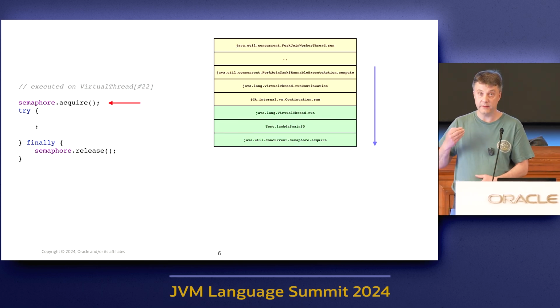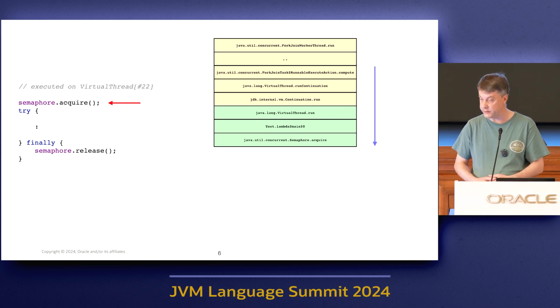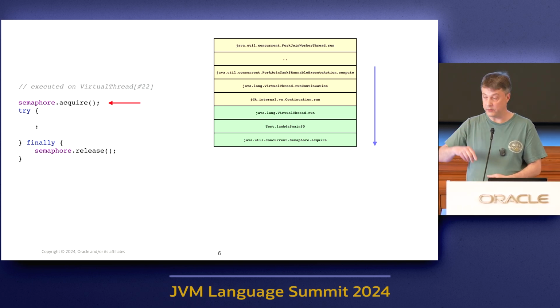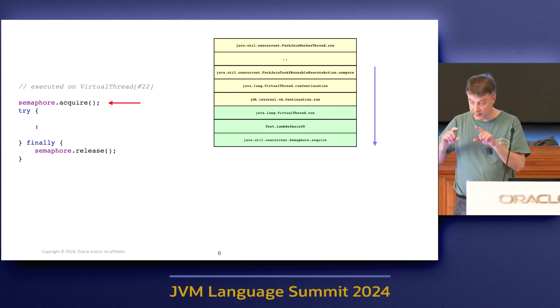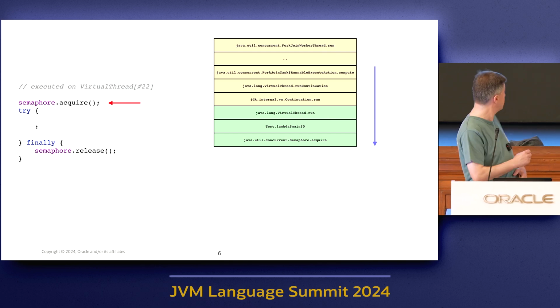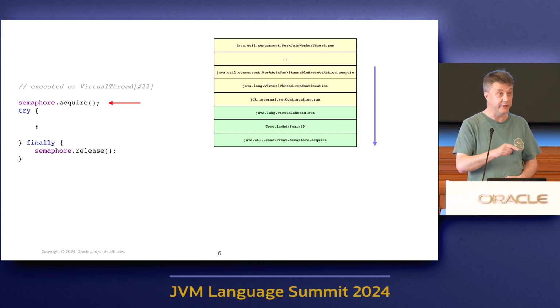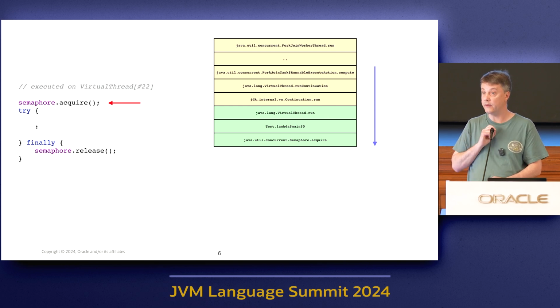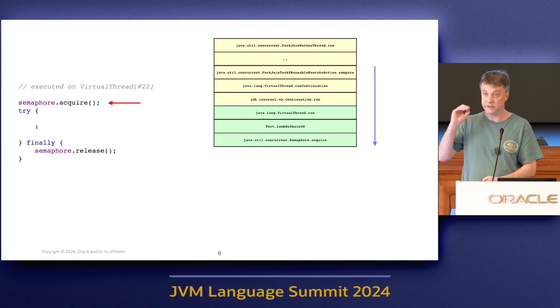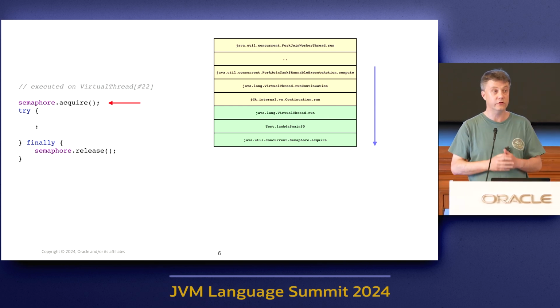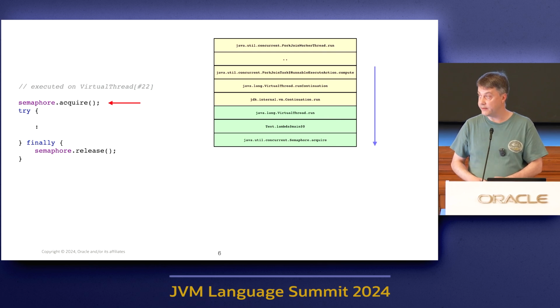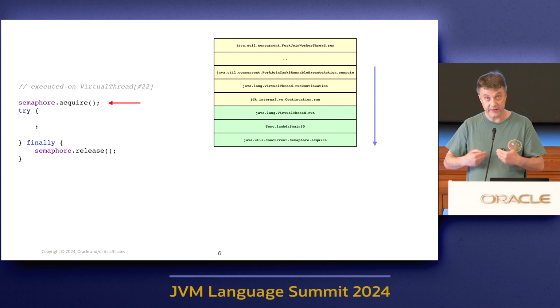Hopefully the slides are clear. There are two colors here. The yellowy brown, I'm not sure how it comes up on the screen, is our carrier thread. There are two thread stacks shown on this slide. On top is our carrier thread, our fork join thread that's executing, it's our scheduler.